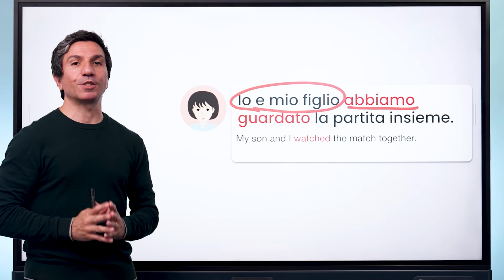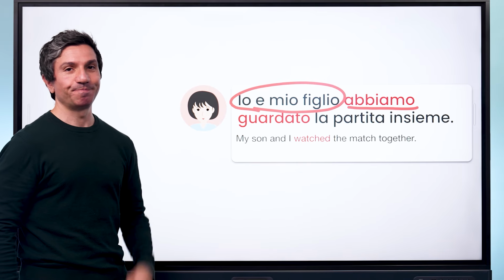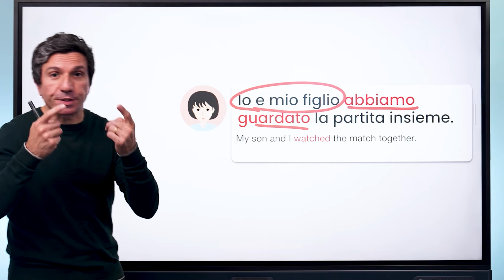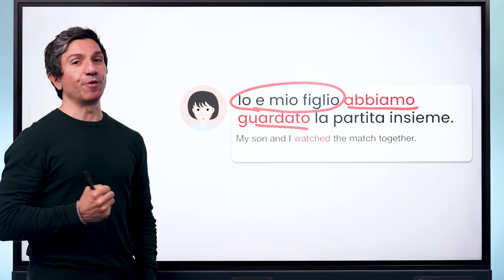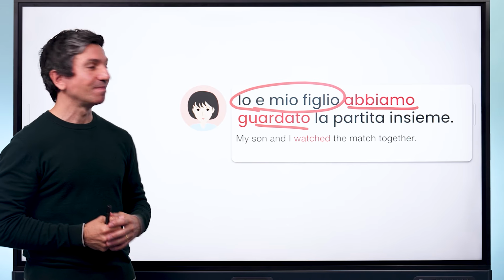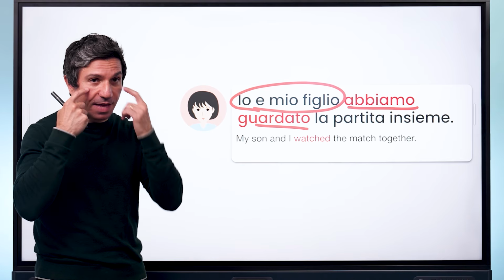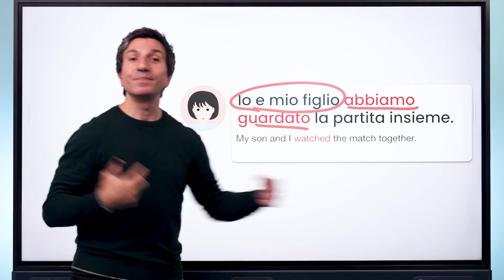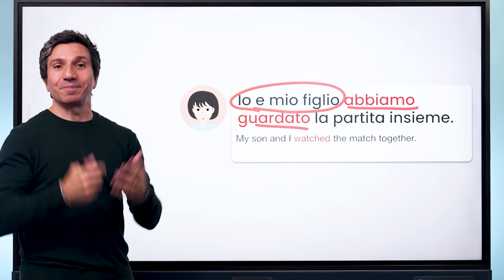This is the present tense of the verb avere, used as the auxiliary verb. Guardato, watched. This is the past participle of the regular are verb guardare. La partita, the match, is the thing they watched. Insieme, together. This tells us how the action was done.